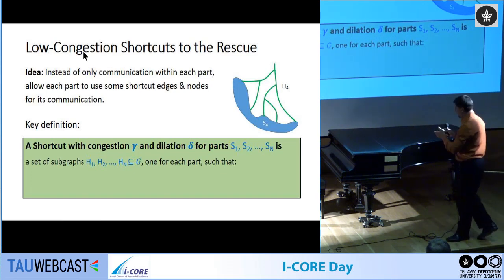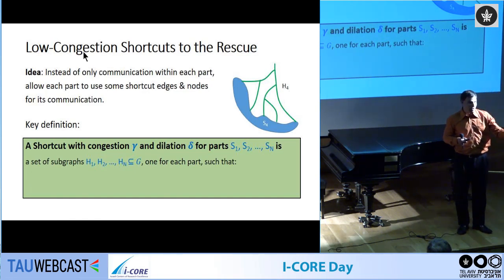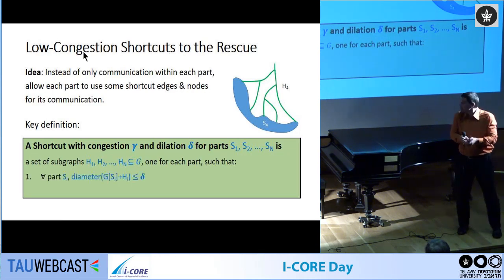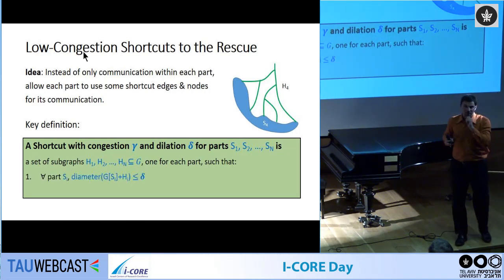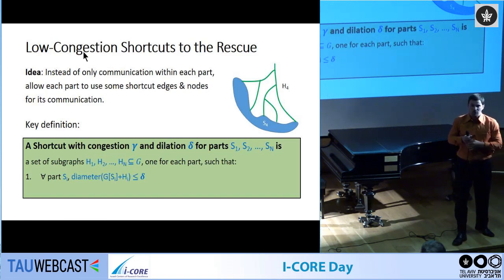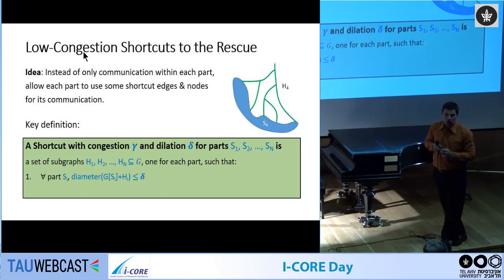Yes, so one thing that we want is that if I have a set and I add the shortcut edges to it, then the diameter should be small. That's the whole point of the shortcuts. So clearly that's one thing. Why is this not quite enough? Because of congestion. So what's the right condition to avoid congestion? The number of parts that participate is bounded.